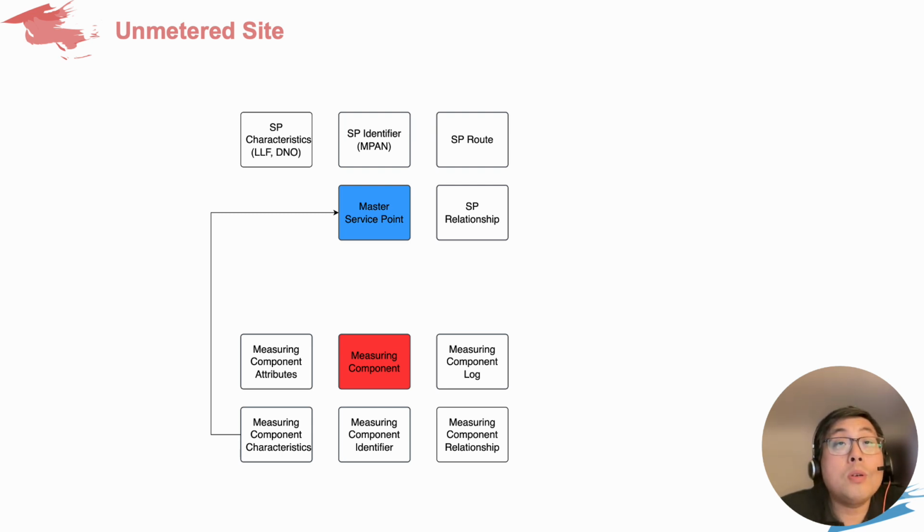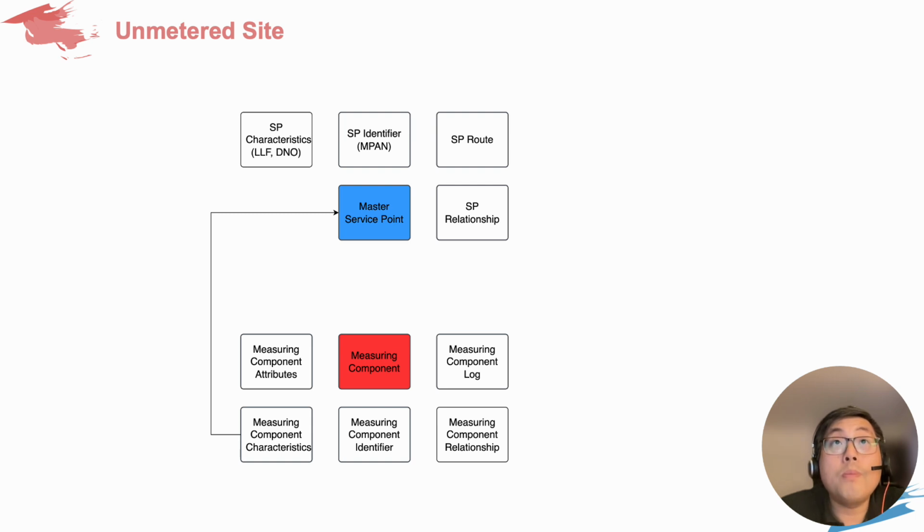What you can still do is create a measuring component and link that to the service point via either characteristics or some other way. Normally what we do is link that through a characteristic.